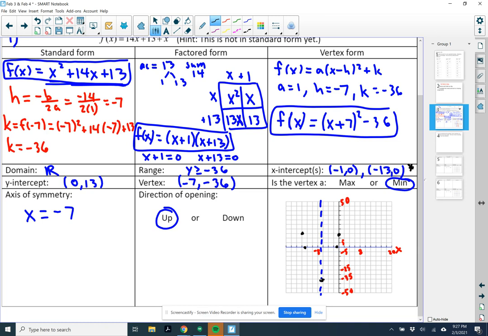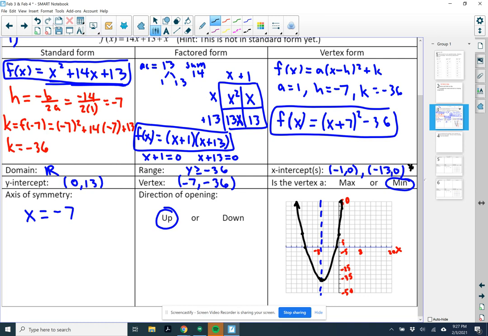Remember to make it rounded at the vertex. It's not a sharp corner, and it gets steeper all the time. Okay, there's half of the parabola. We'll draw the other half. Again, rounded at the vertex. It's not a sharp corner. And there's our graph. So we are finished with number 1.